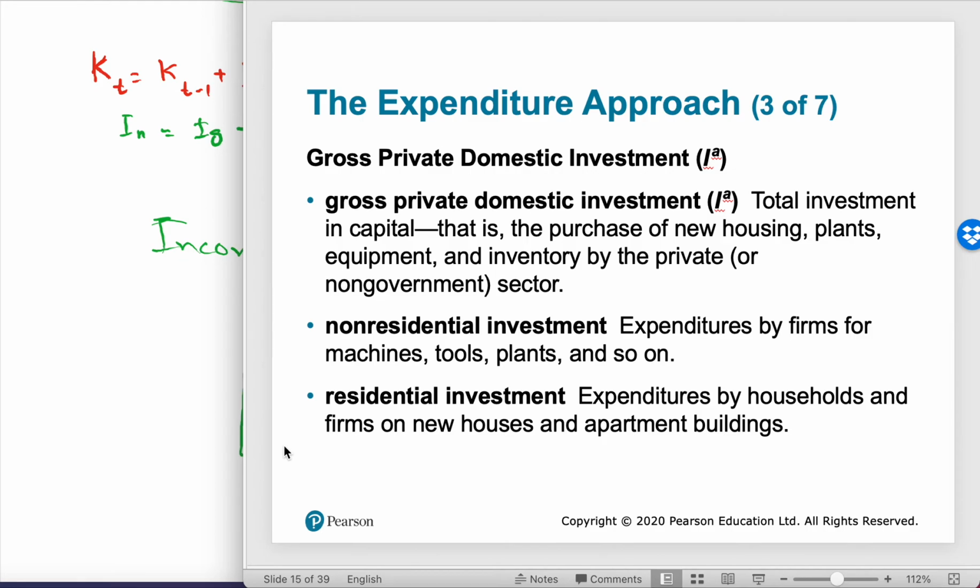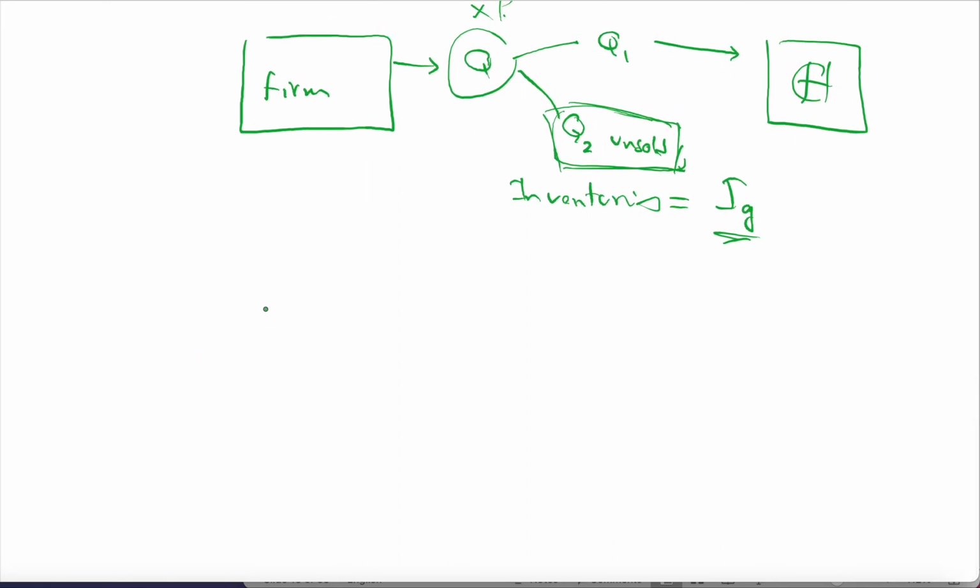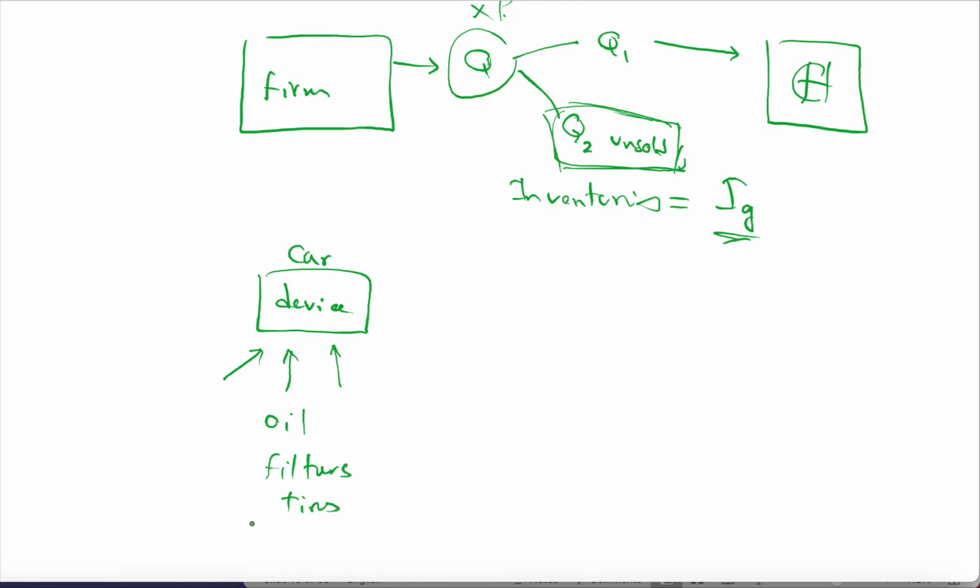When you are buying machines and equipment, you buy a device, you buy a car, you have to spend some money to keep it running, like changing the oil, changing the filters and tires.